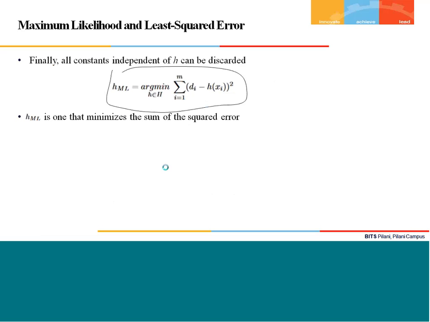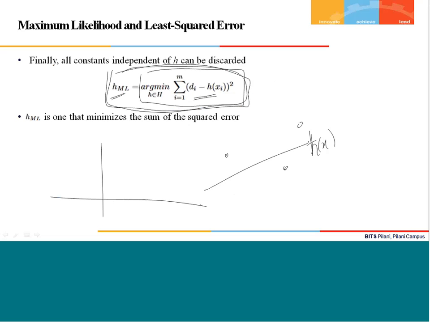So finally, all constants independent of h can be discarded, and you will be left with this hypothesis. You get some hypothesis H_ML, that hypothesis which is reducing these errors. If this would be my h(x), and these are my points, the same points I'm trying to draw here, and this is my other hypothesis.